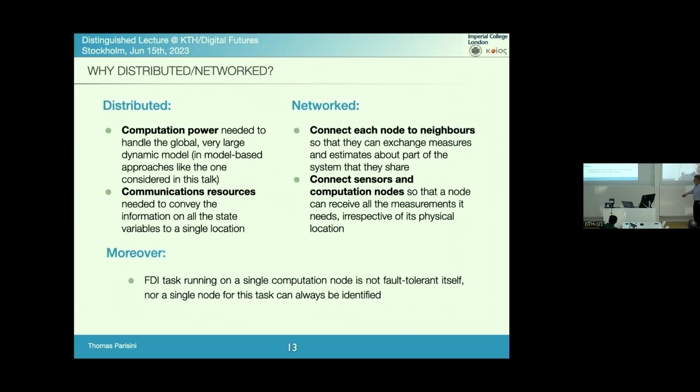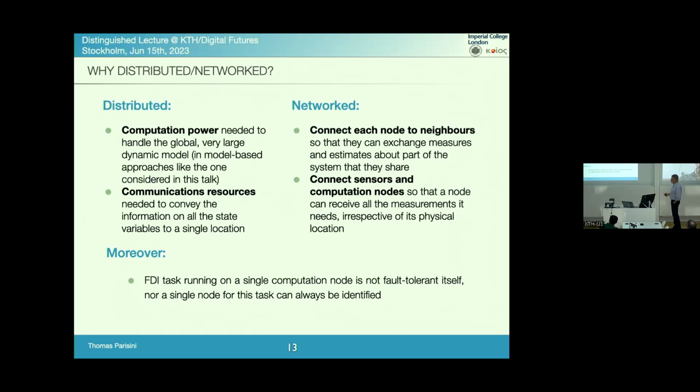And last but not least, a fault diagnosis procedure that is only located in a centralized way is not per se fault tolerant, right? So if you can distribute that, you can inherently plug in also some more resiliency in what you do. So there are good reasons why we want to distribute it.